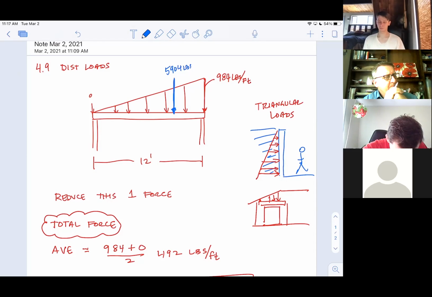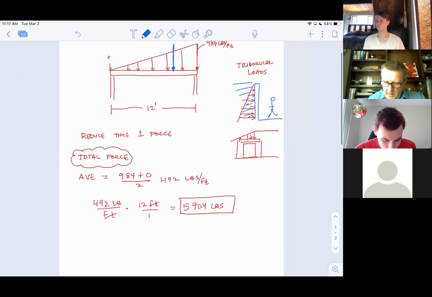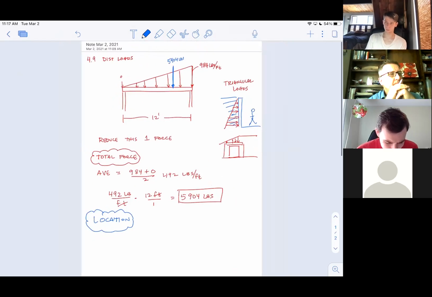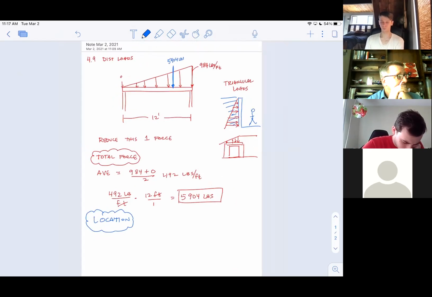How are we going to get, secondly, the location? Any thoughts on that?